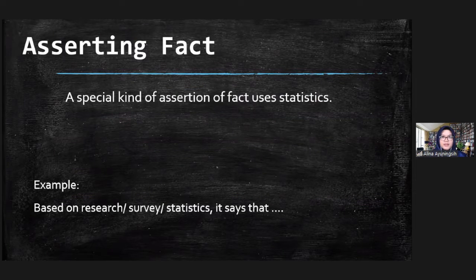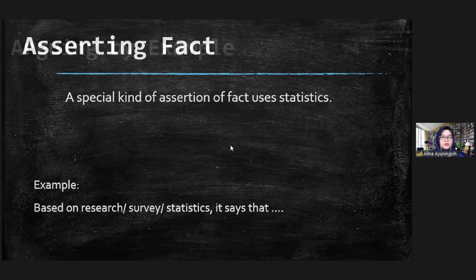For the final task, it is quite difficult to use asserting fact, because in the final task, students are not allowed to use the internet to find supporting data. So you can use an anecdote, somebody's story, or your personal experience to support your claim. So that is asserting fact.